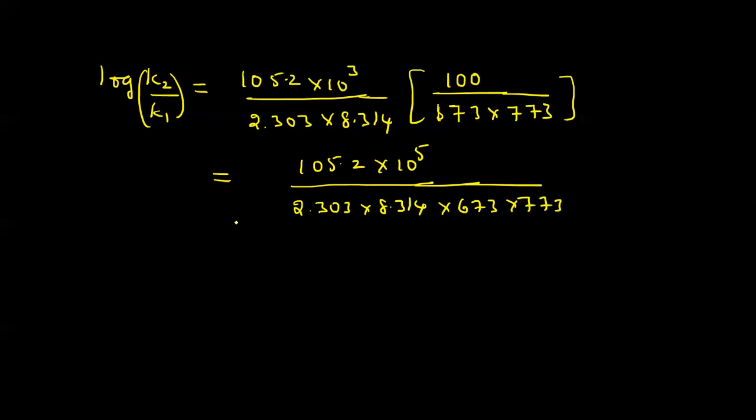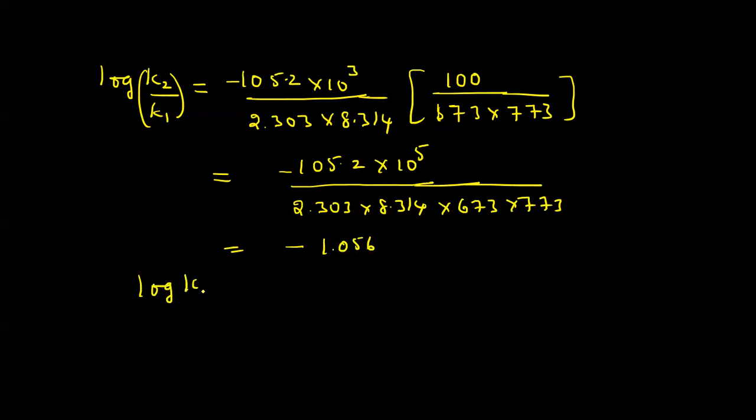Upon simplification, with the negative sign of delta H considered, this becomes minus 1.056. And in this, we want K2 only.